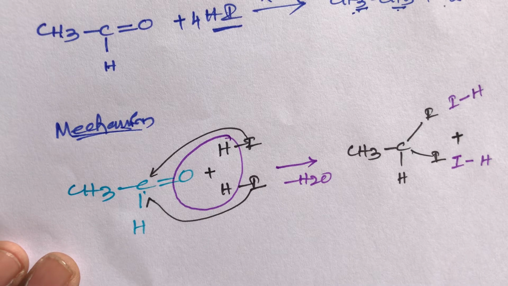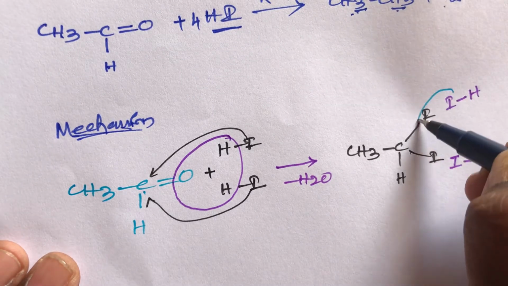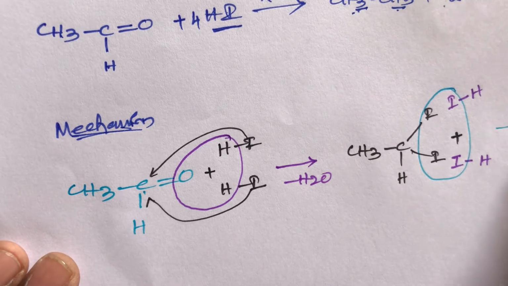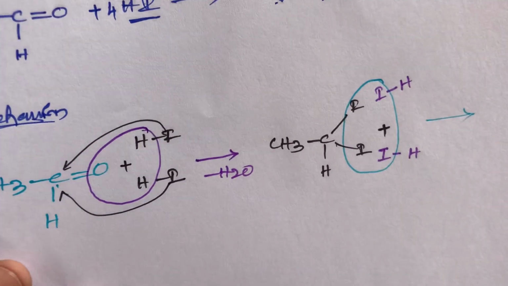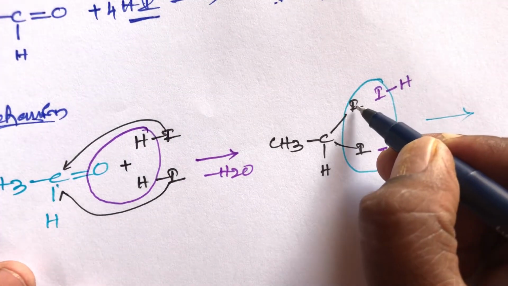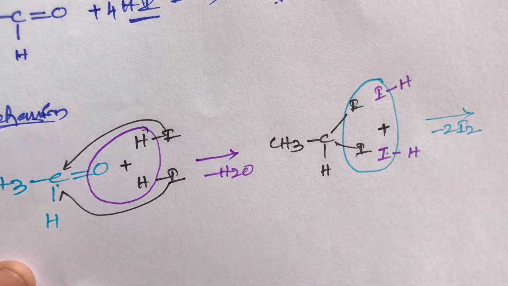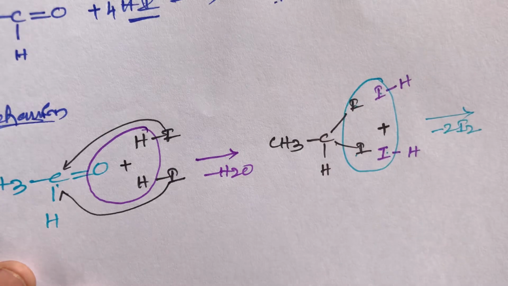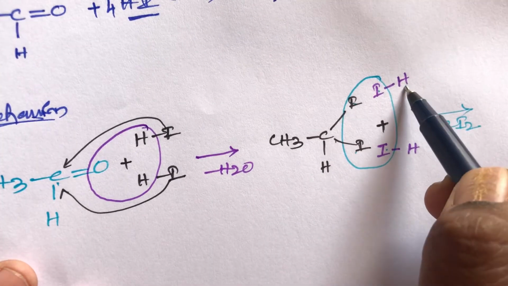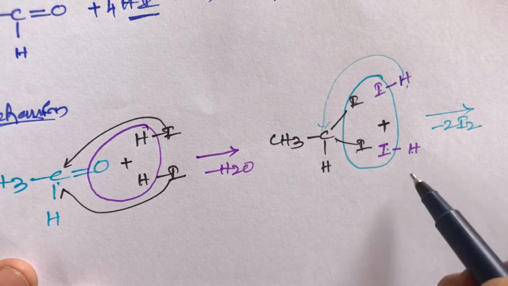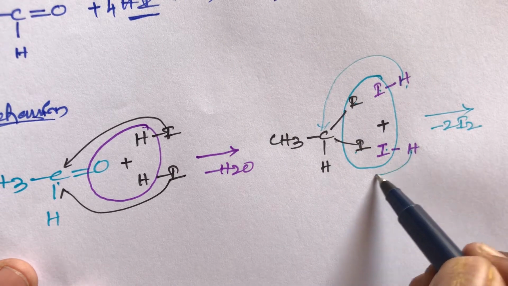In this reaction, the iodines are eliminated completely; 1 2 3 4, minus 2 I2, the 4 iodines are eliminated. Remaining here also one hydrogen is left; this hydrogen will combine with this carbon and this hydrogen will combine with this carbon.